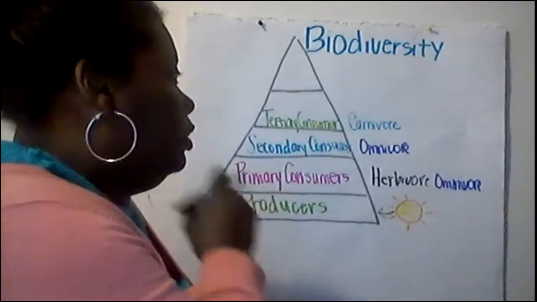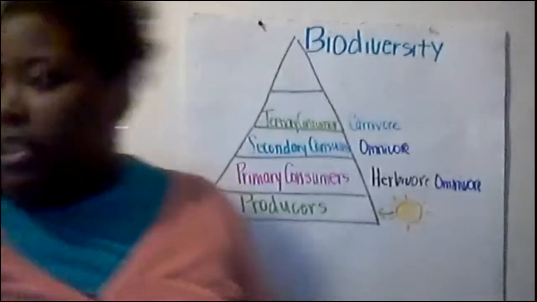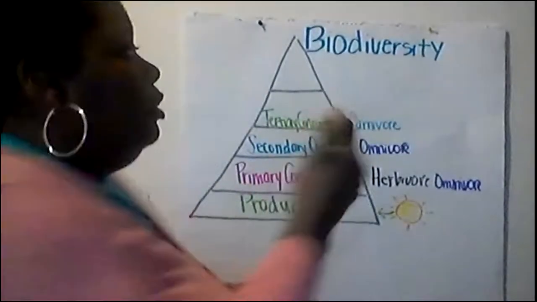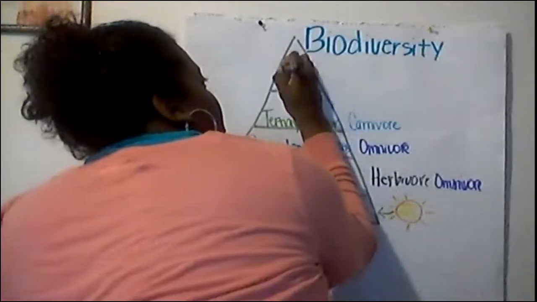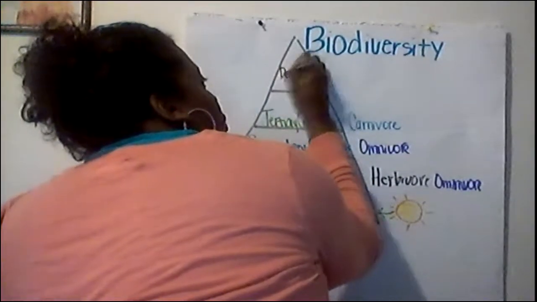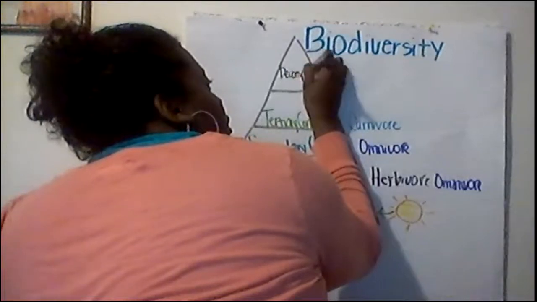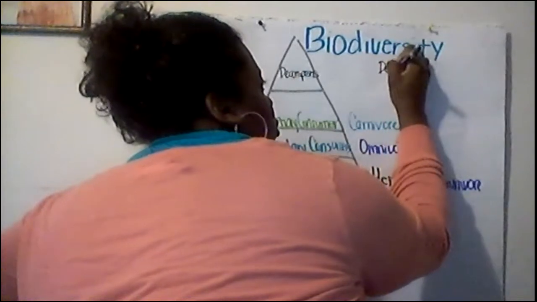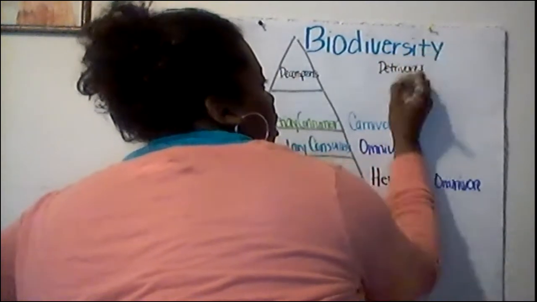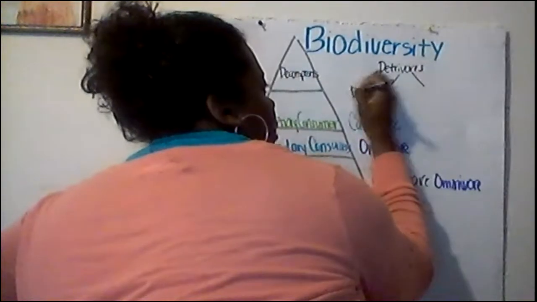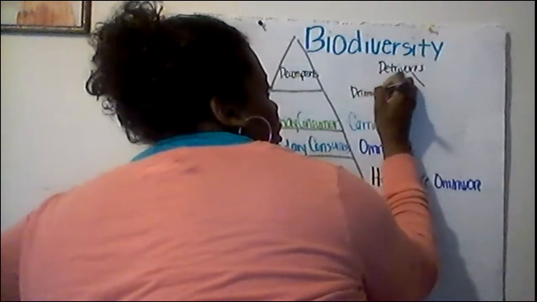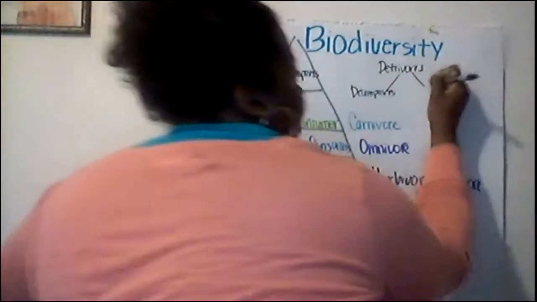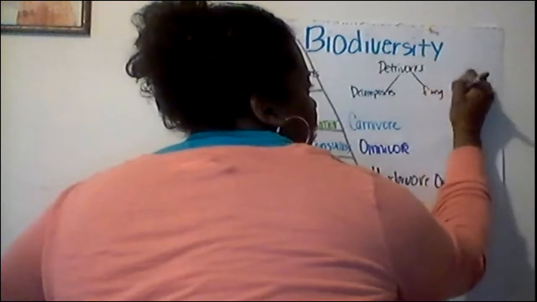The decomposers are different, so I'm just going to say we call them decomposers, but with decomposers, we have the detritivores. And with the detritivores, we have the group of decomposers. And then we also have the fungi and bacteria.